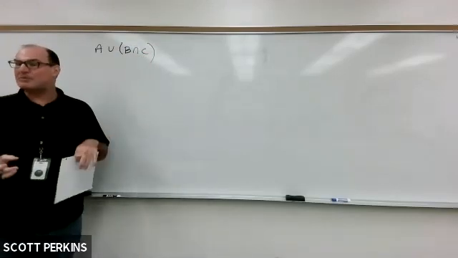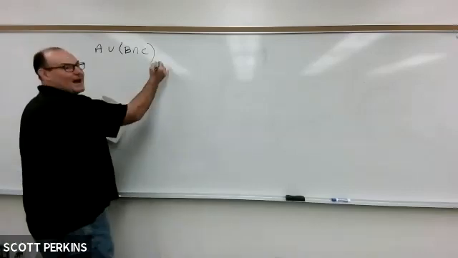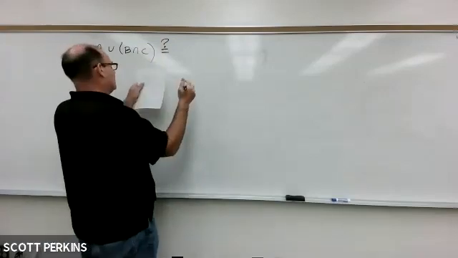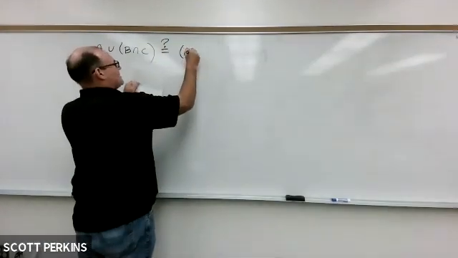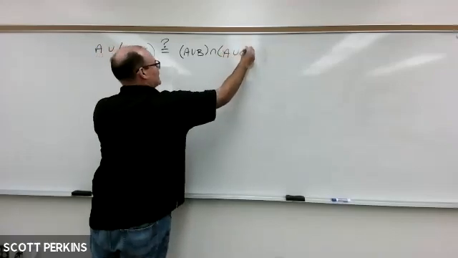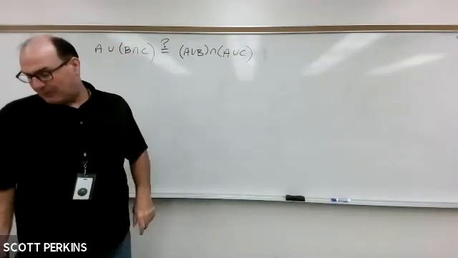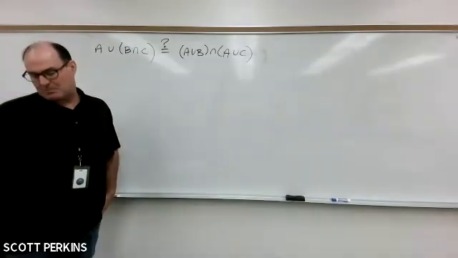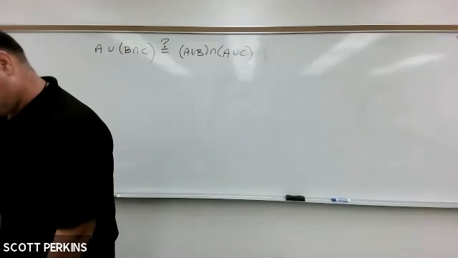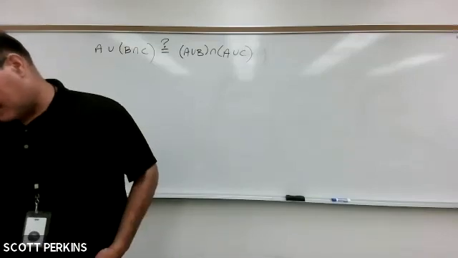We want to make it 50% more fun. And I want to know, is this always going to be equal to this? A union B intersect A union C. Does that relationship have to always be true? I'll give you a moment to write that down before we investigate it together.